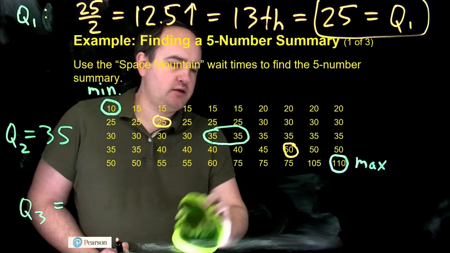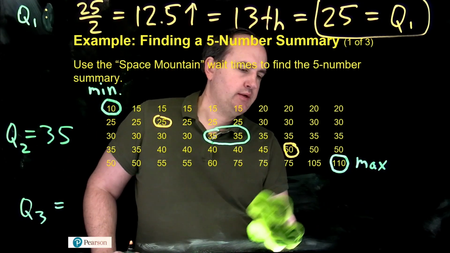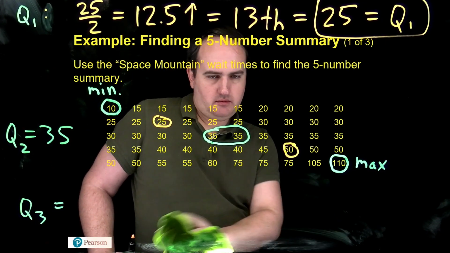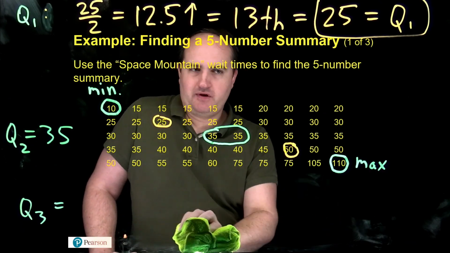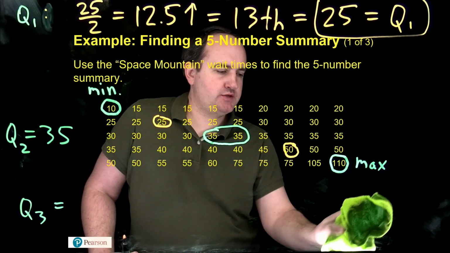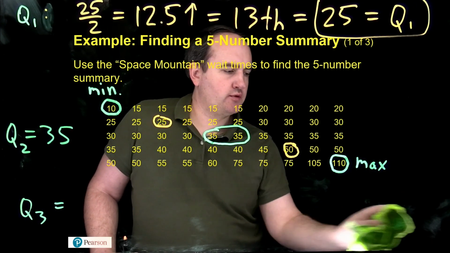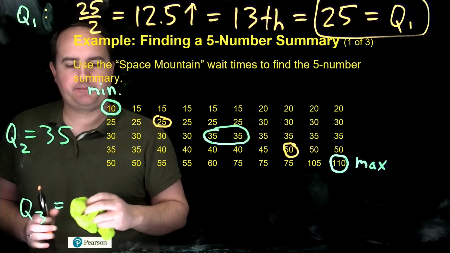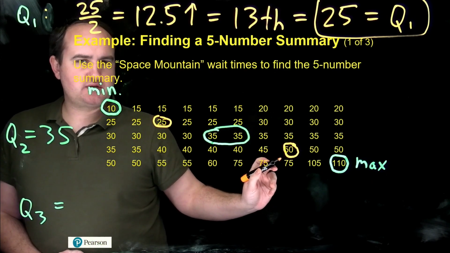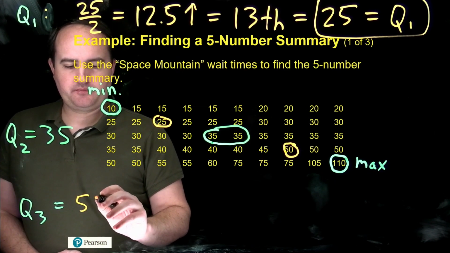And if you don't find it helpful to be finding the median of the first half and the second half, like I said, just do P25 and P75 with the locator, and then you should be okay. Okay, but here Q3 is going to be this number, which is 50.